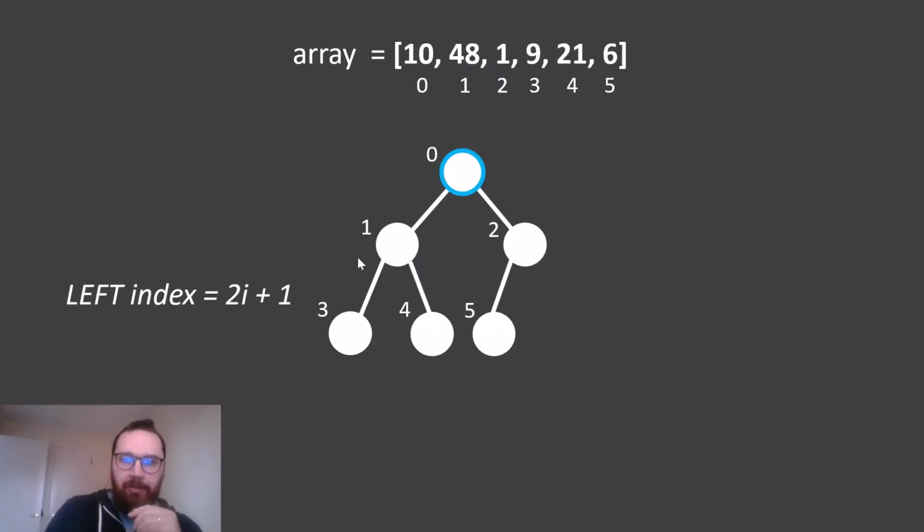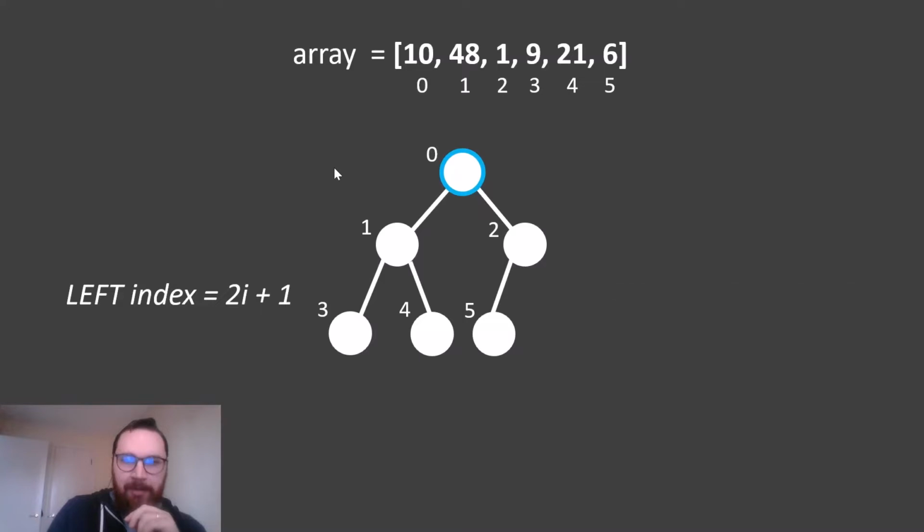If we wanted to find this left position, it's 2 times the index of the parent, so 2 times 0 plus 1 here. And if we looked at this and we wanted to find its left child, then this would be 2 times 1, 2, plus 1, 3. And you can see how this is related. So the 48, its left child would be the 9.